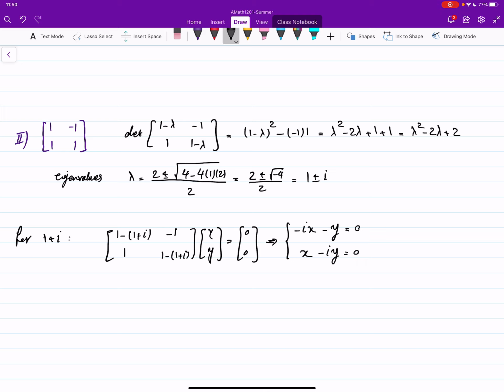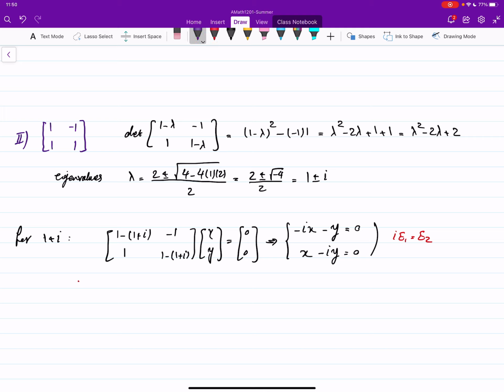Again, these are multiples of each other. Well, actually, if you do multiply equation 1 by i, you get equation 2. So the only thing I need here, let me just write this one in red so that you don't confuse it with the other things.